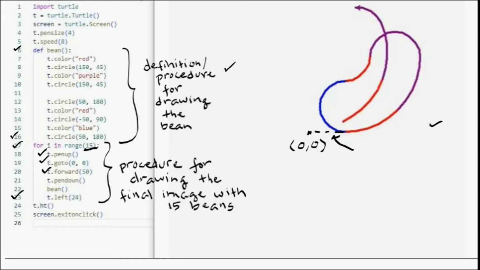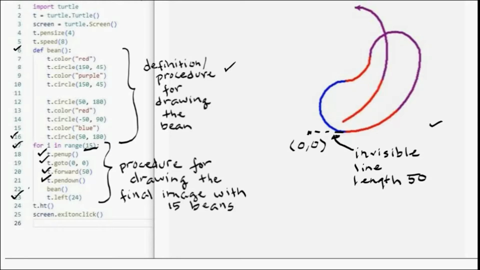This line is invisible, because my pen is up. Invisible line, length 50. And then I put my pen down in preparation for the drawing of the bean.